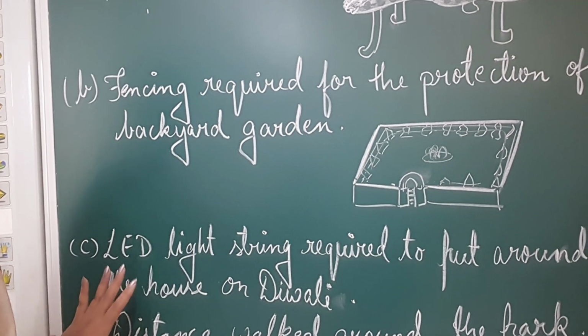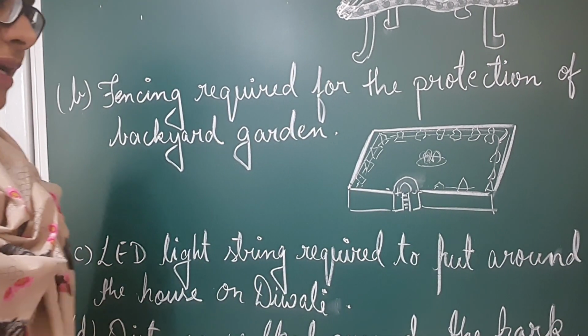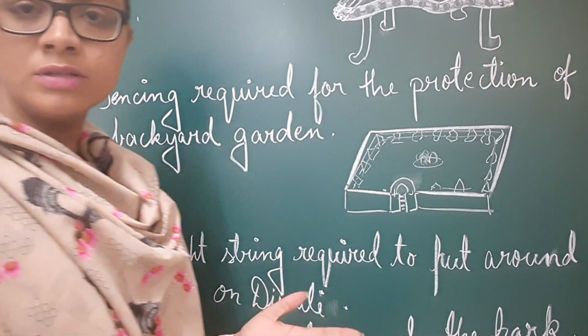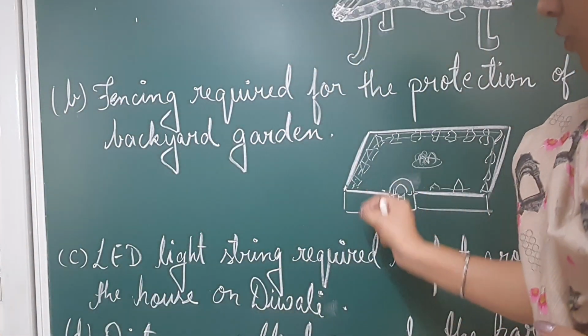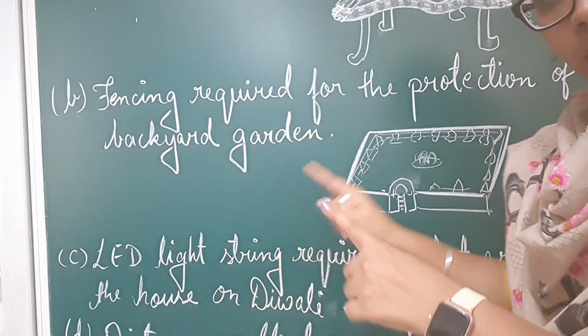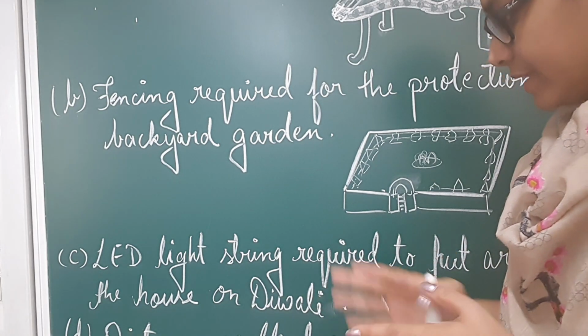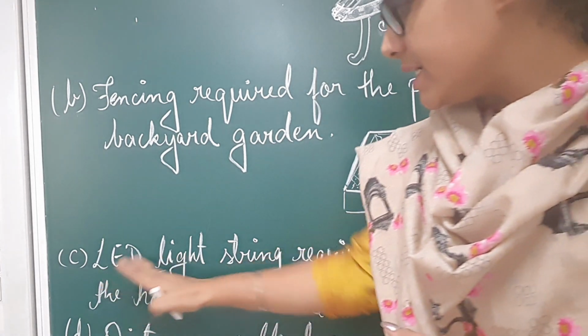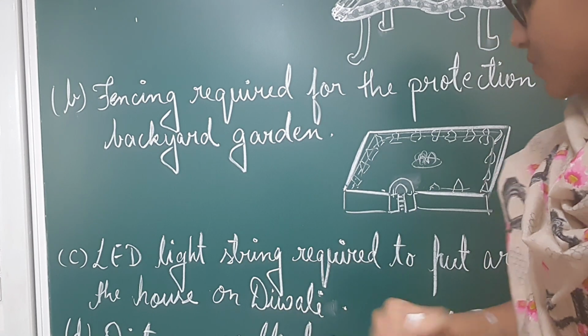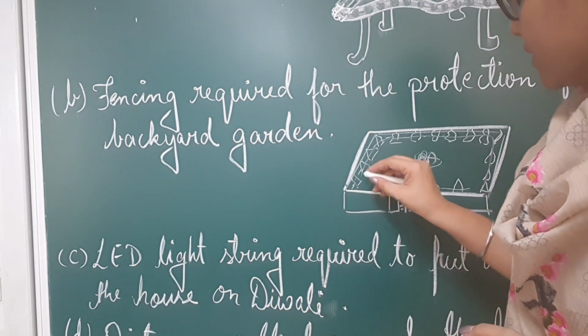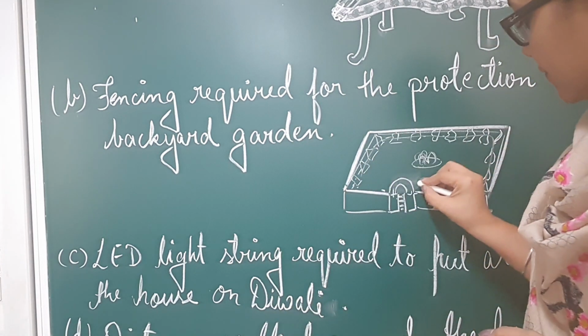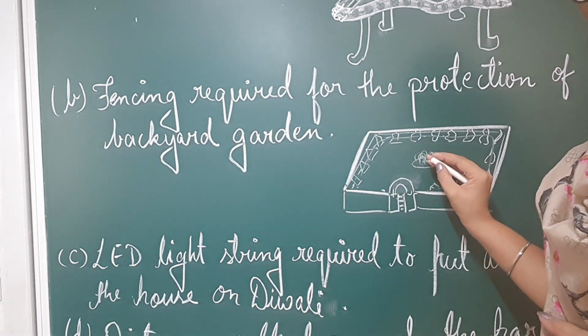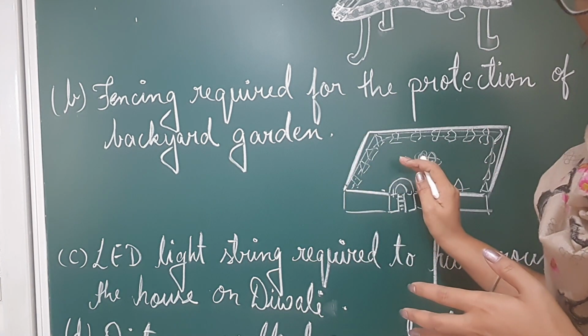For the LED light string around the house on Diwali, we have to know the length of the roof. And for the distance walked around the park, we want to know the length of the park.